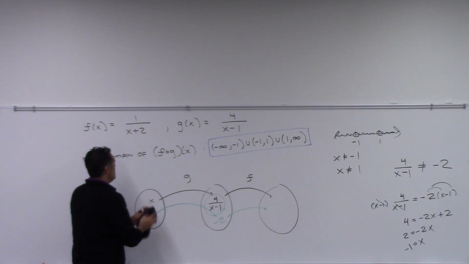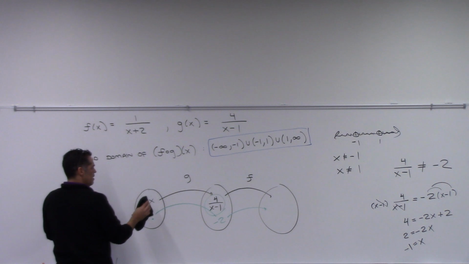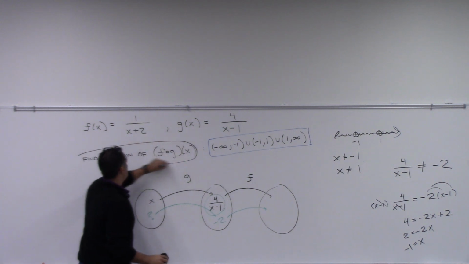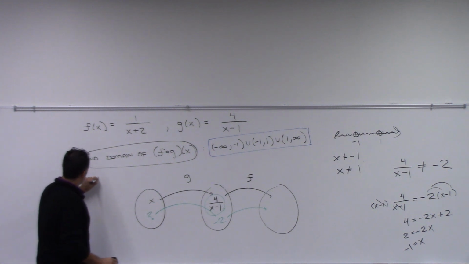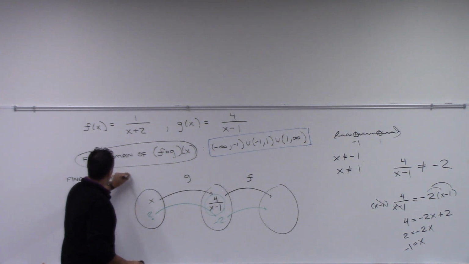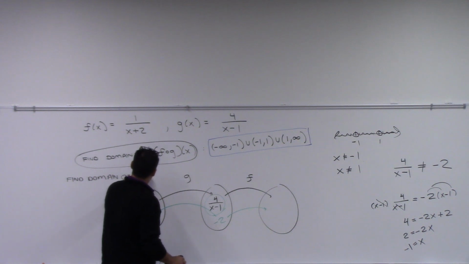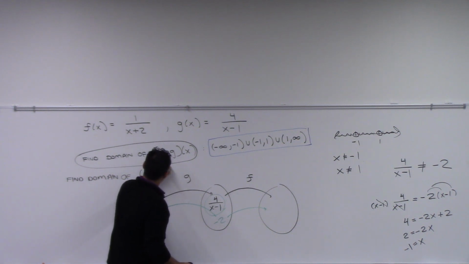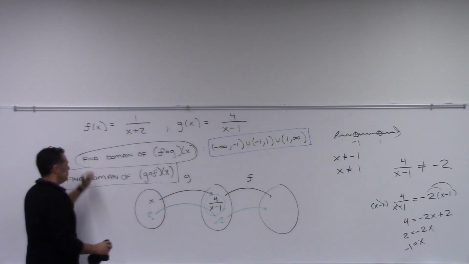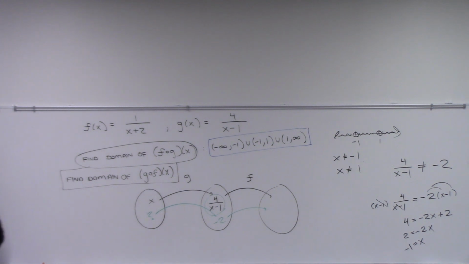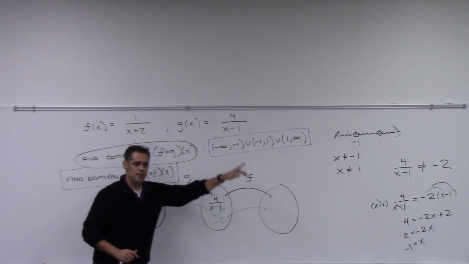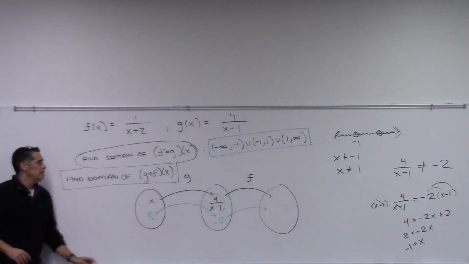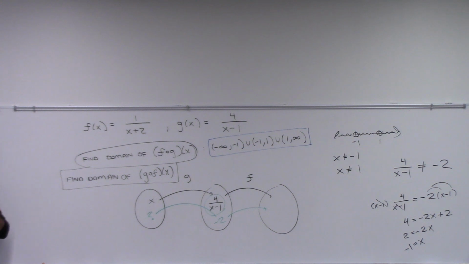I'll leave this on the board, but I want you to find the domain of g of f of x. I suggest you draw a picture, try and understand what's happening, right? I'll give you a few minutes. I'll be back.